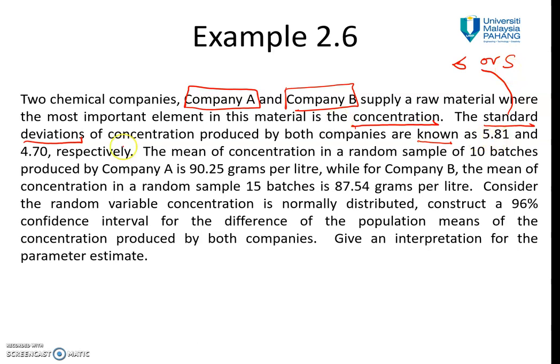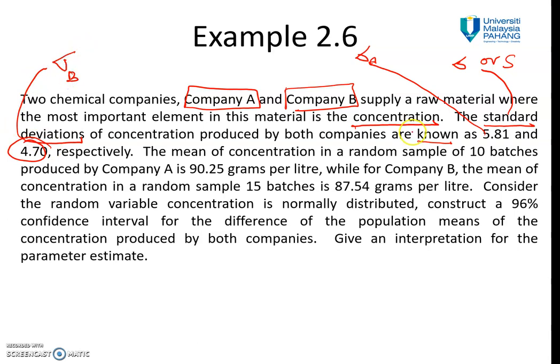From this sentence, you didn't know how many samples they used. That's why this one becomes sigma A, the standard deviation for company A, and this is a population. And then this one will be sigma B.